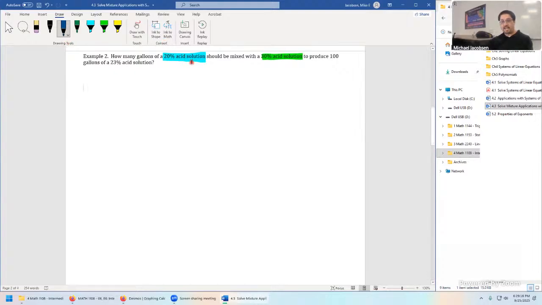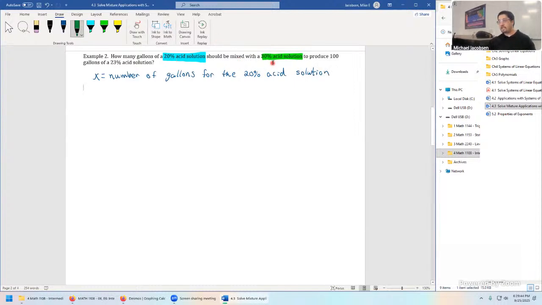I'll go with the X and Y here since no interesting variable name really jumps at me from 20% to 30%. So I'll call this X. X is going to be equal to the number of gallons for the 20% acid solution.